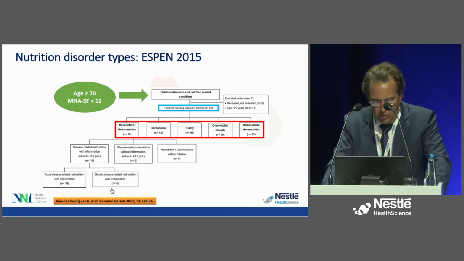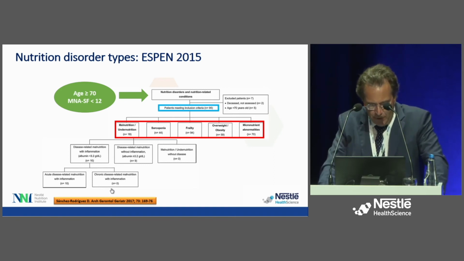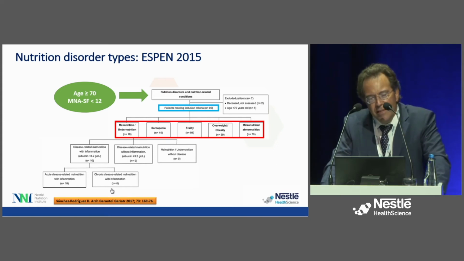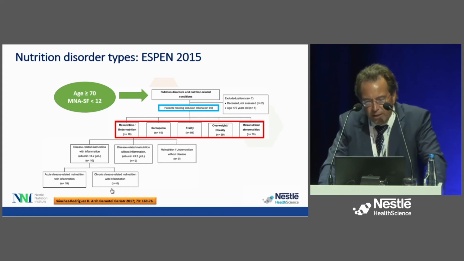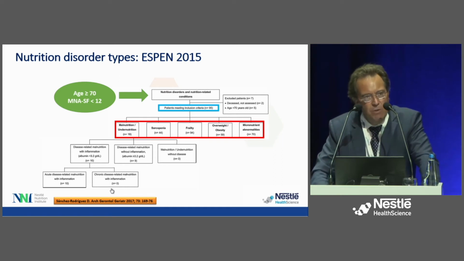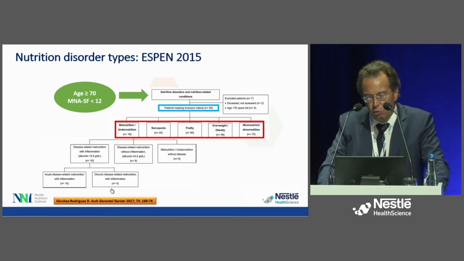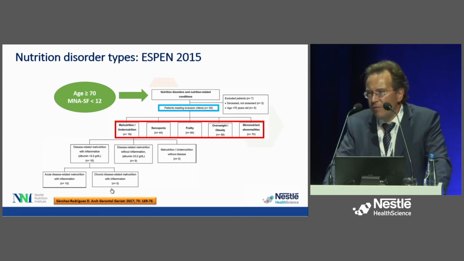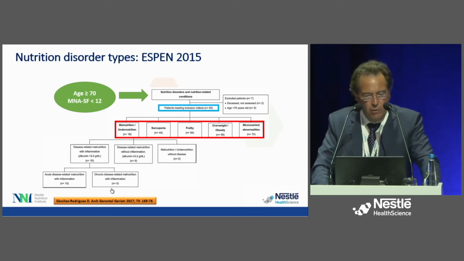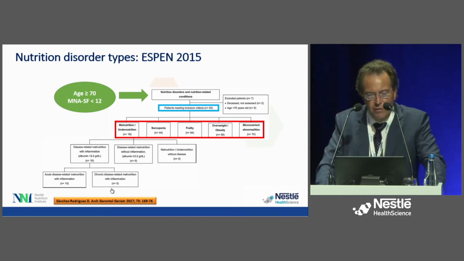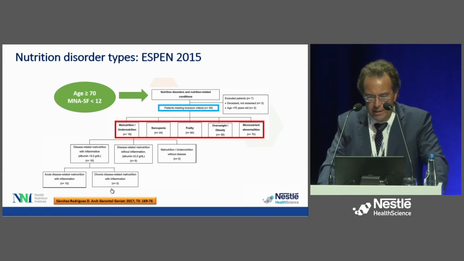This was also clearly stated in this paper that was published in 2017 by Sanchez Rodriguez. In this study, the authors included 95 participants older than 70 and at risk of malnutrition with an MNA short form lower than 12. And they wanted to know if they fulfilled the criteria of all the nutrition disorder types that were stated by ESPEN in 2015.